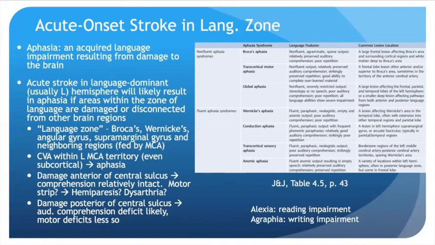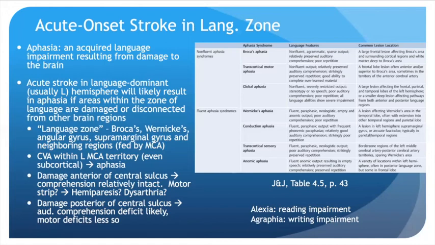Note that the various types of aphasia are presented here in this table 4.5 from the textbook. There's the non-fluent aphasia syndromes and the fluent aphasia syndromes. Non-fluent aphasia include Broca's, transcortical motor, and global. Fluent aphasias include Wernicke's, conduction, transcortical sensory, and anomic aphasia. So you can see that there's various language features. The non-fluent variety tend to be non-fluent.